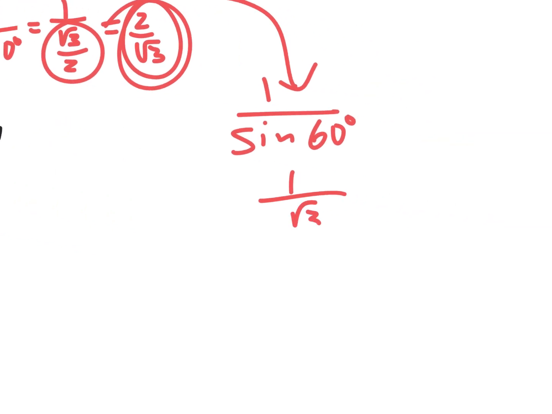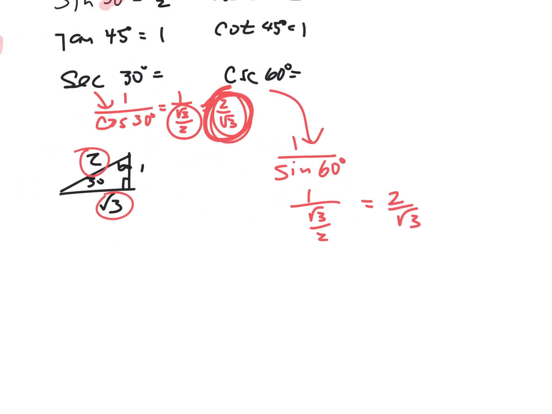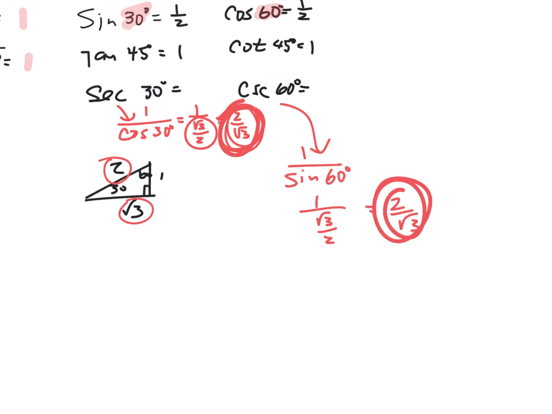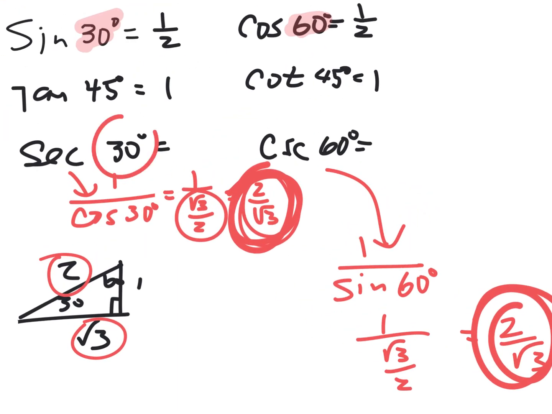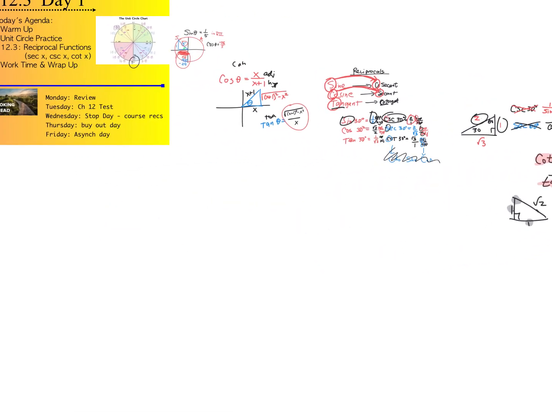Root 3 over 2. Oh my gosh, it's going to flip and it's going to be 2 over root 3 again. Exact same thing as before. Look at that. So if these angles add up to 90 and you're using co-functions, then they'll be equal. That's kind of just an observation, but it's kind of a cool one, I think.